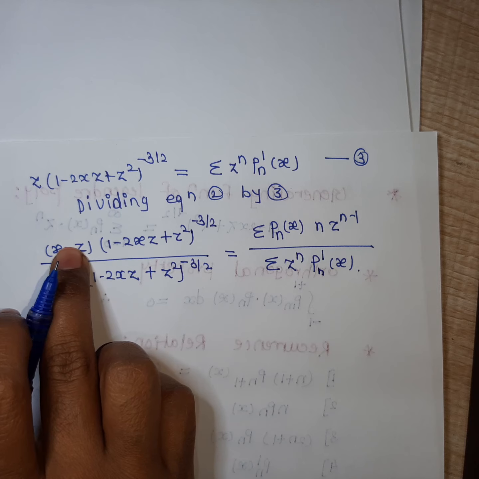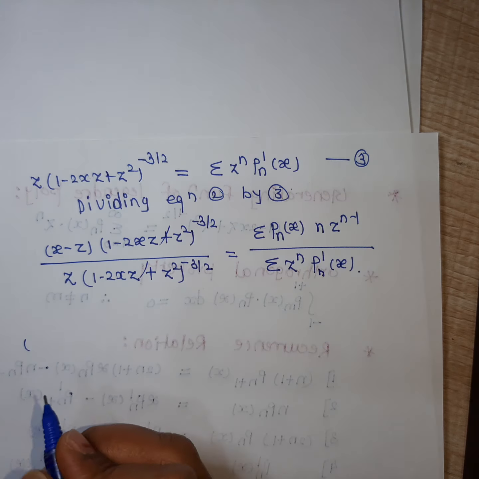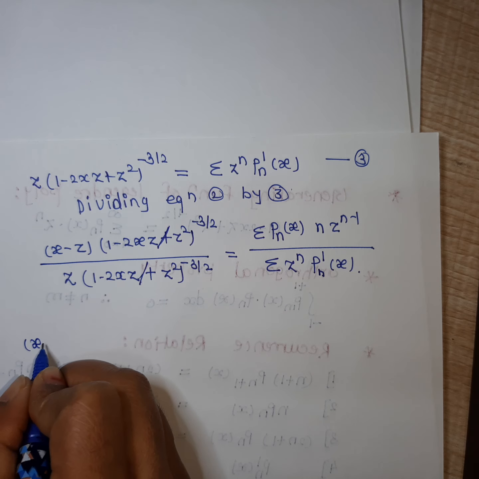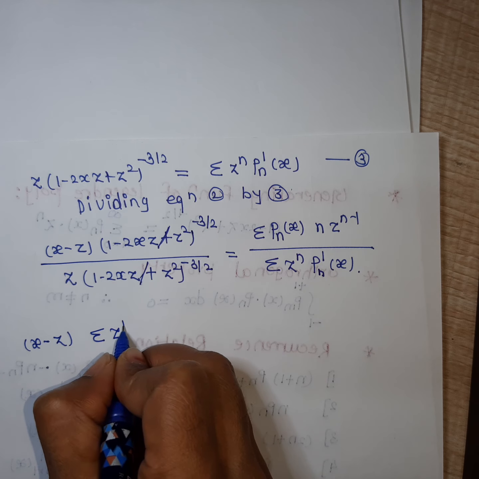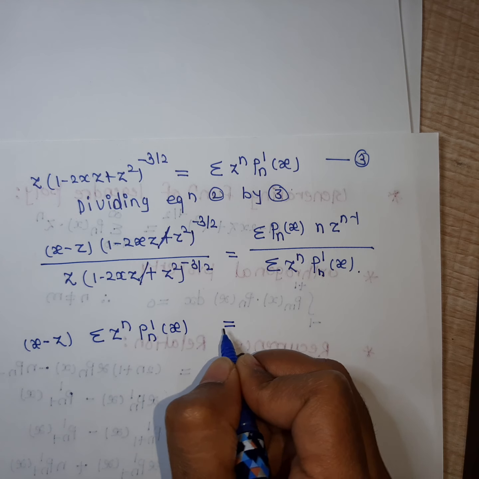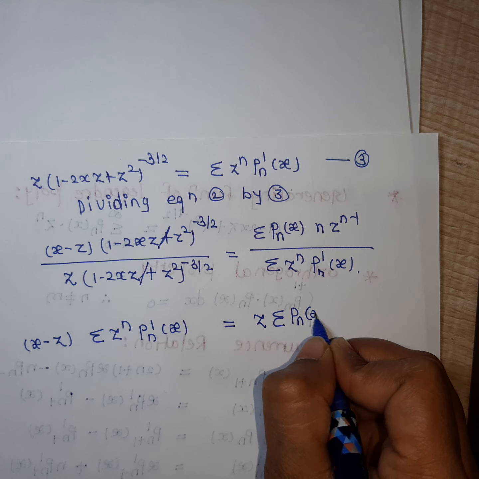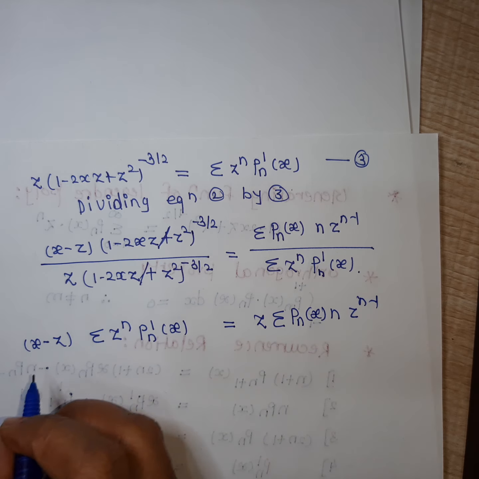Take a cross multiplication. This one cancels out. (x minus z) into summation z power n Pn prime of x is equal to z summation Pn of x into n z power n minus 1.